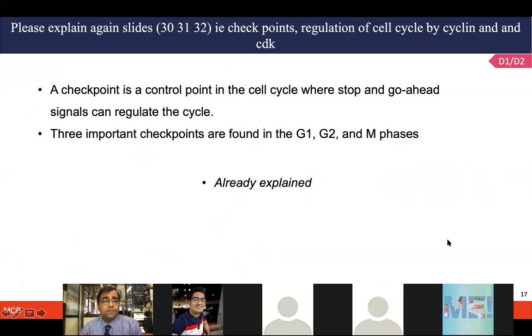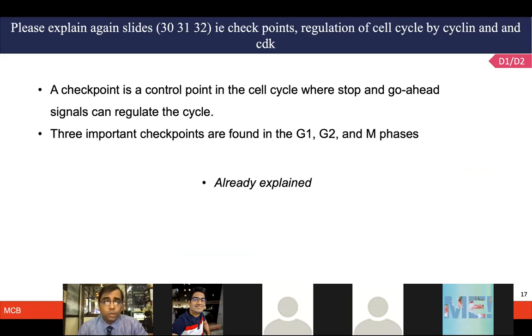I think one more question was about explaining a couple of cell cycle slides again, and I hope I have taken that up for the whole class so that everybody is refreshed on those concepts. Those are important things for you to at least keep in mind, because many of the important life processes, including diseases like cancer, are heavily regulated by these cell cycle checkpoints.